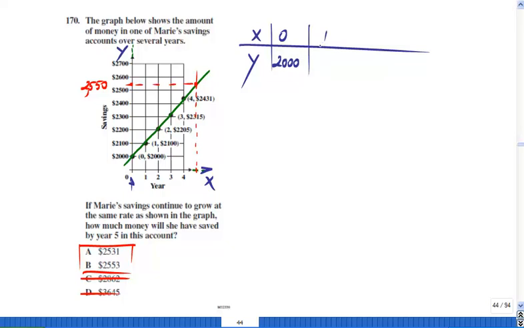After 1 year, she's got $2,100. After 2 years, Marie's got $2,205. After 3 years, Marie's got $2,315, right?